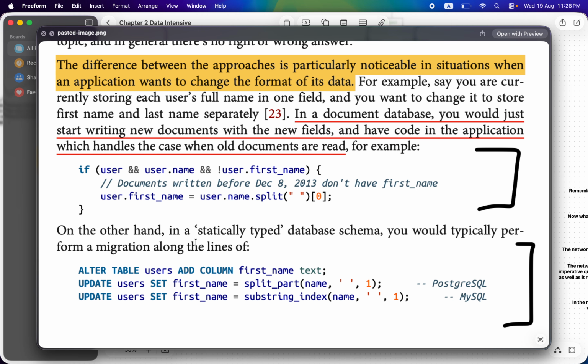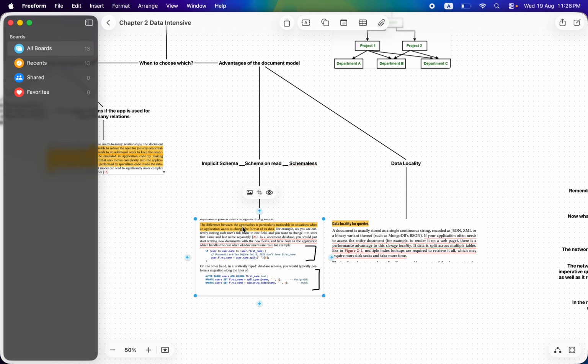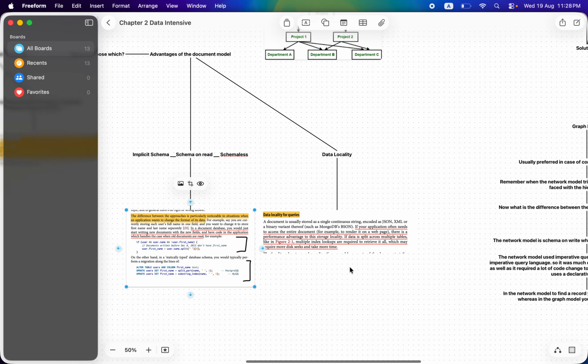On the other hand, in a statically typed database schema, which is the one we mentioned, schema on write, for example, you would typically perform a migration. And that's one of the reasons we mentioned at the very beginning.